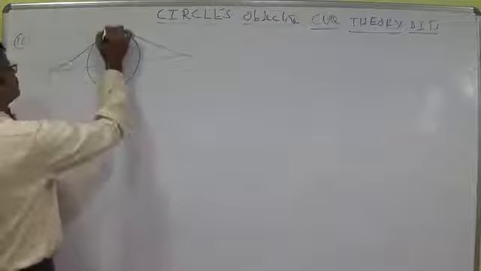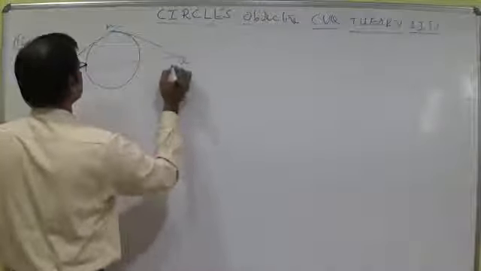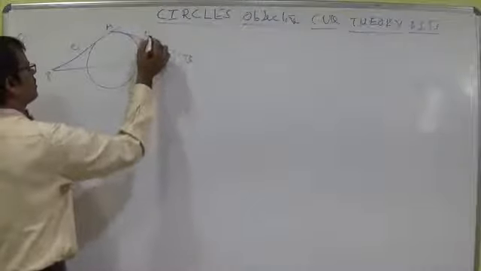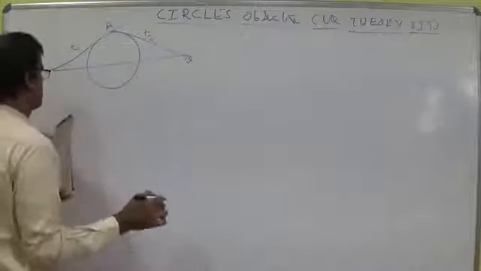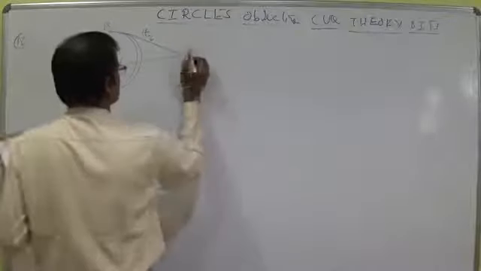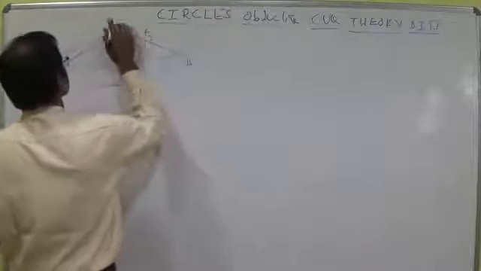This is P, this is A, this is Q. The lengths of tangent are T1 and T2. He is giving this as A, this is P.